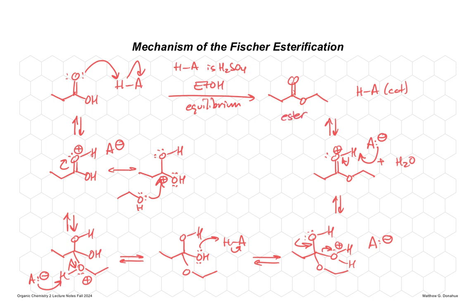So, as I said, it's equilibrium. So if you want to control the equilibrium, you can do a couple of things. As I wrote above the arrow there, you can use a huge excess of the alcohol so that all of the carboxylic acid is fully consumed.